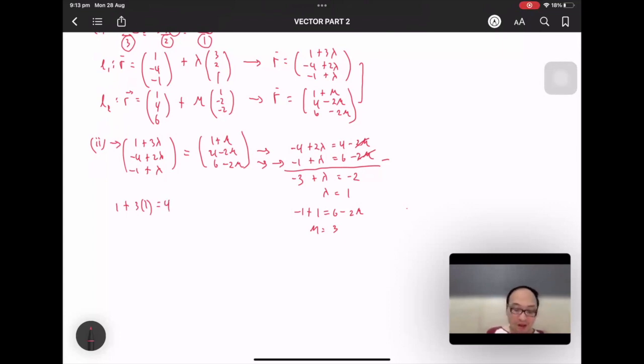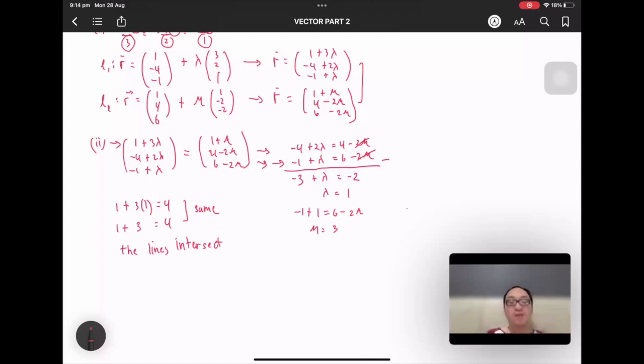And for the right, 1 plus mu, where mu is 3, equals 4. So they are the same. Since they are the same, the lines intersect.